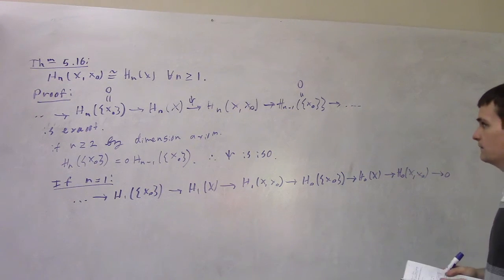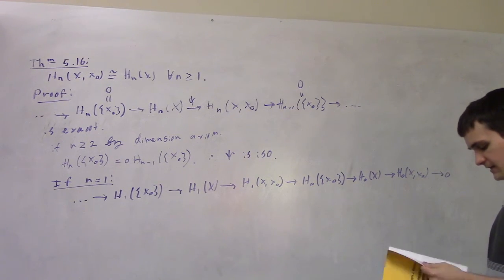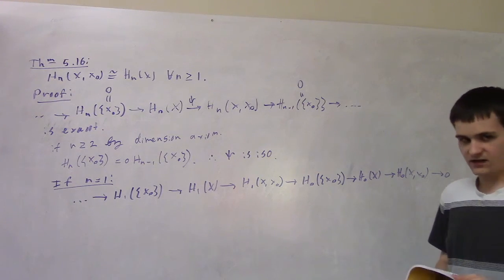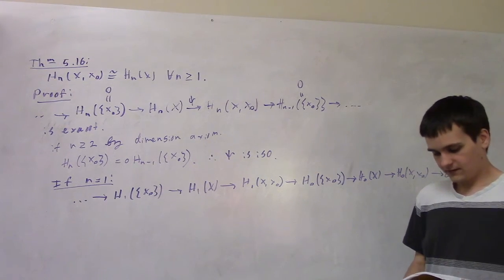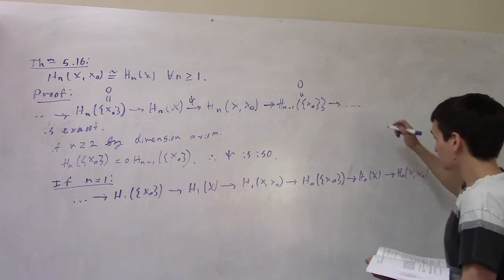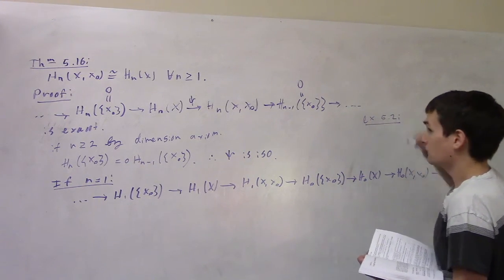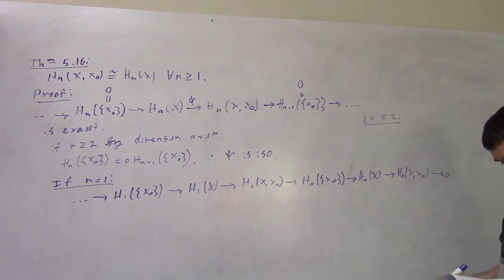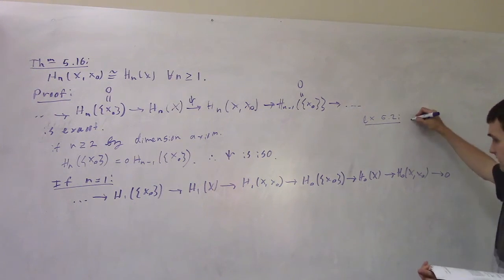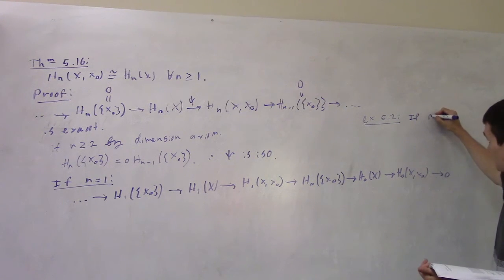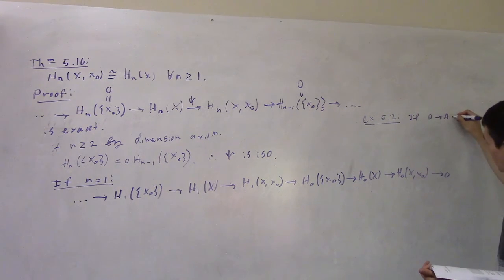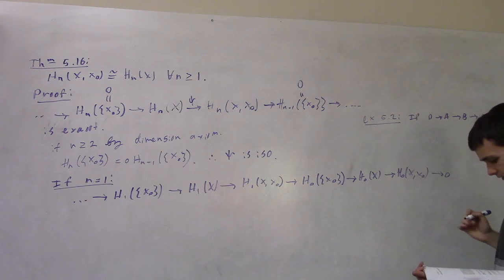So here we're using one of the more technical exercises. I may or may not have gone over it. Exercise 5.2. What is the first homology of a point, anyway? What is H1? If 0 is exact.